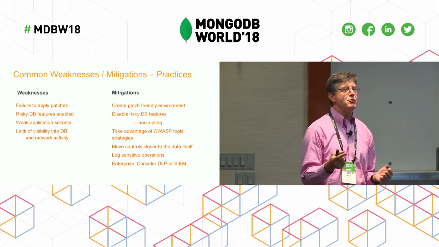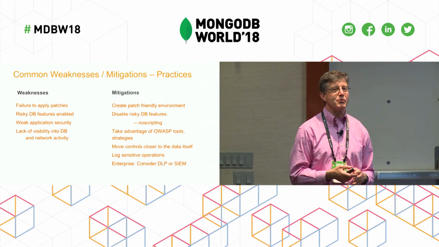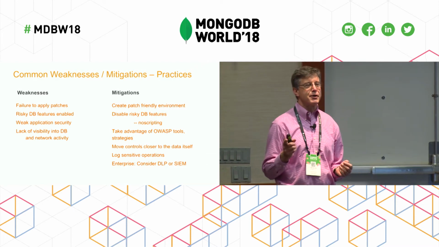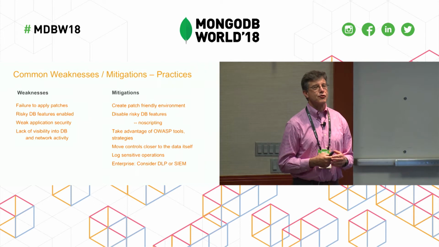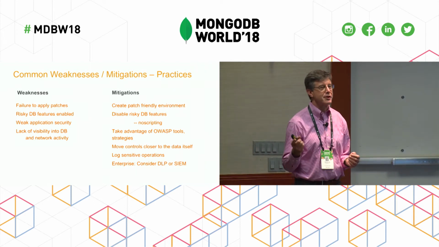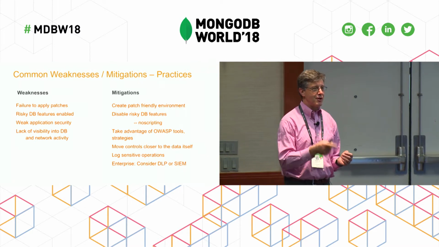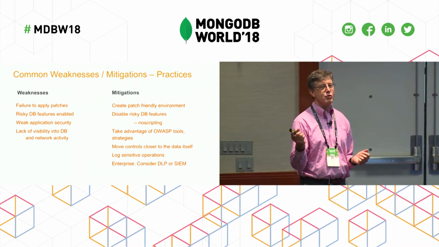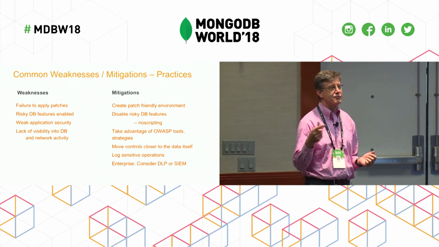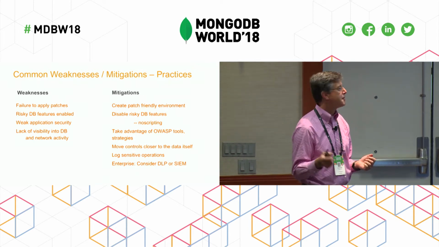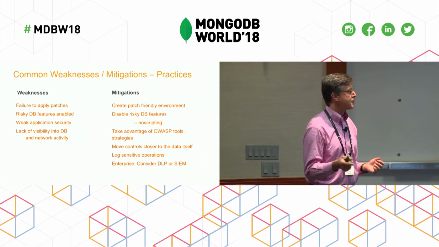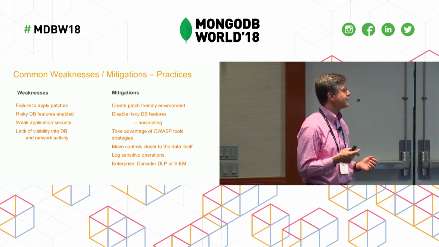So people who want to get into systems and do things that you don't want them to do are reading reports of all these vulnerabilities, which are publicly accessible through the CVE database on the internet. And if they find that you're running a 2.6 version of MongoDB or an old version of Linux, they're going to find out what the vulnerabilities are, try to exploit them. So you want to create a patch-friendly environment where you can apply your patches effectively.